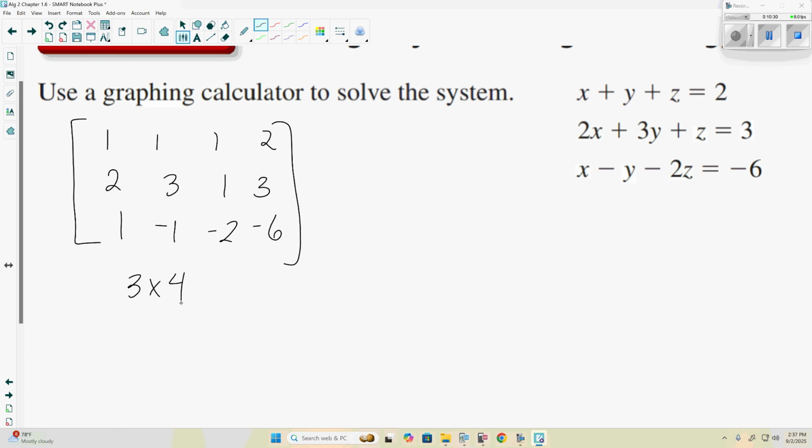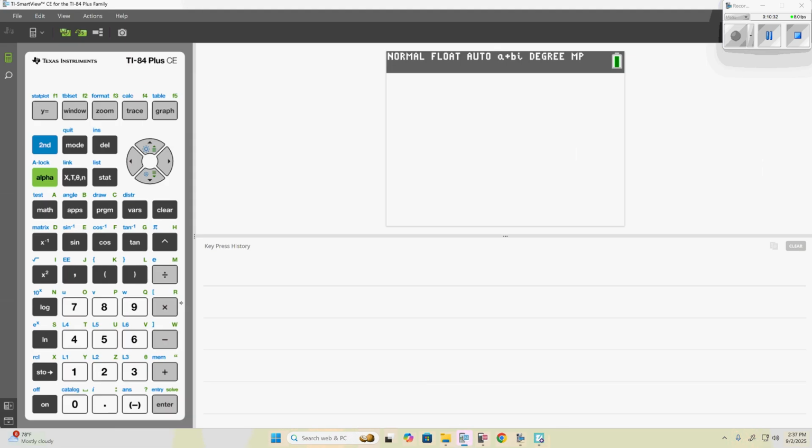First thing we're going to do is take the graphing calculator and turn it on. If you don't have a graphing calculator, I would get one, because you actually need one.